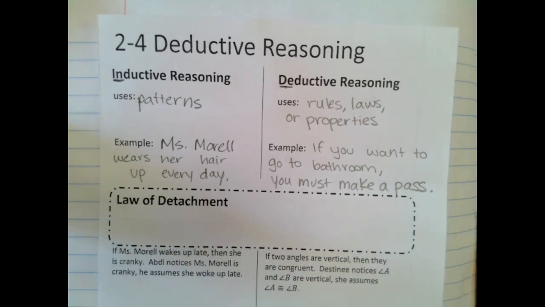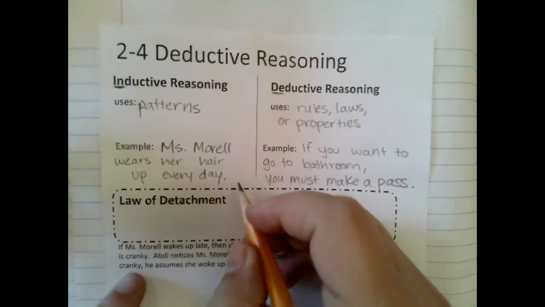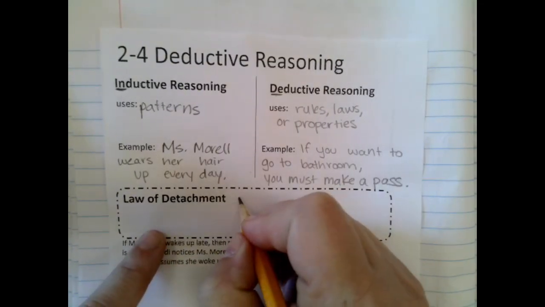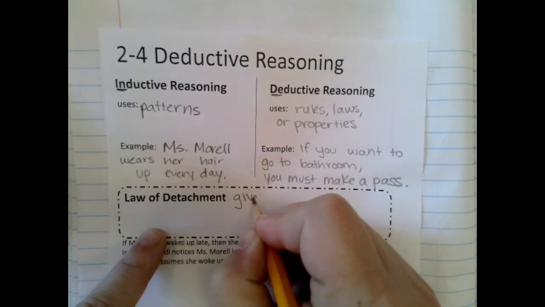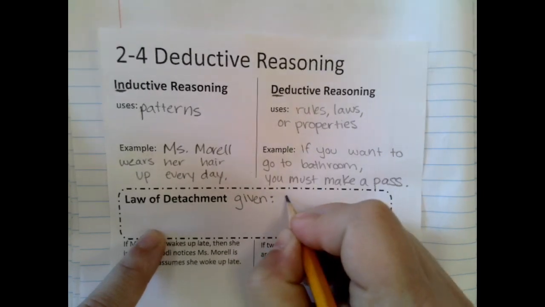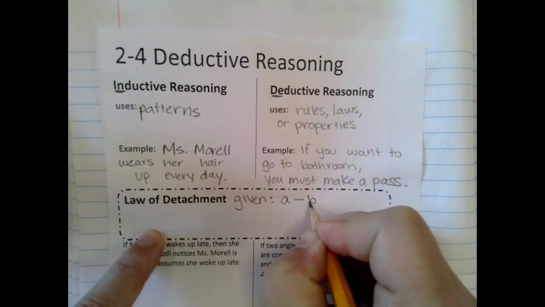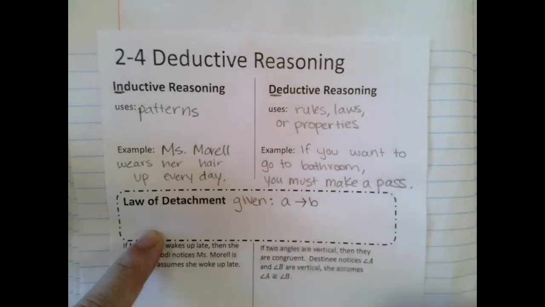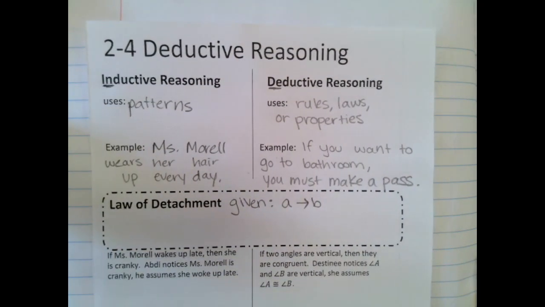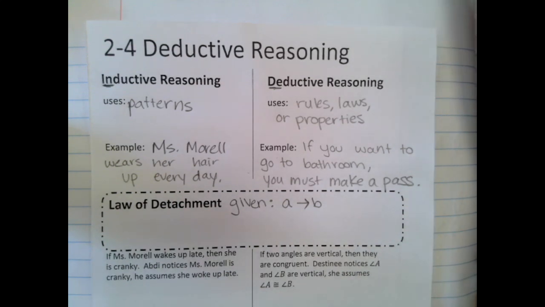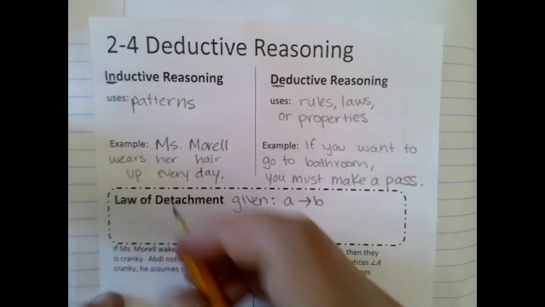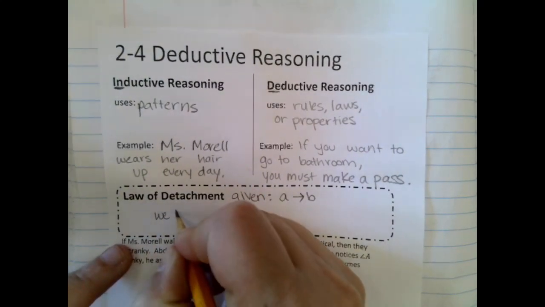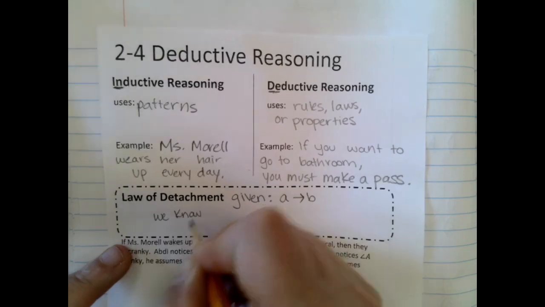All right, in law of detachment, if we know that A leads to B, and we know that A happened already.